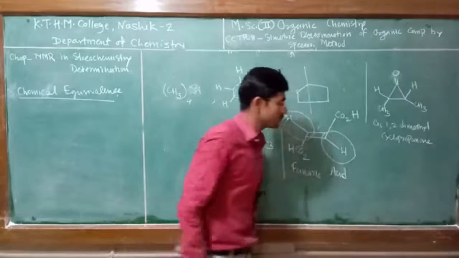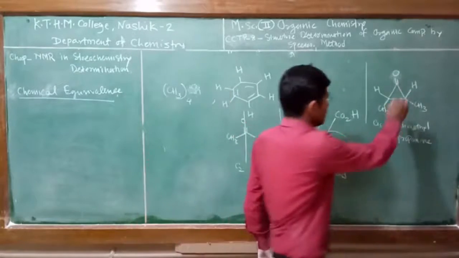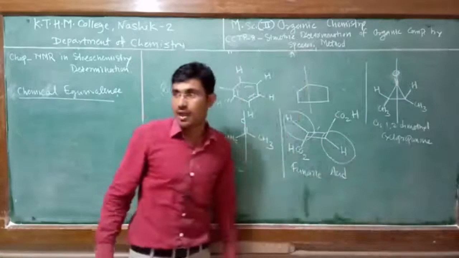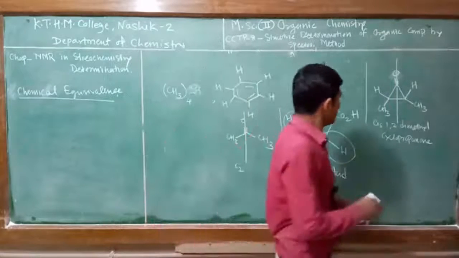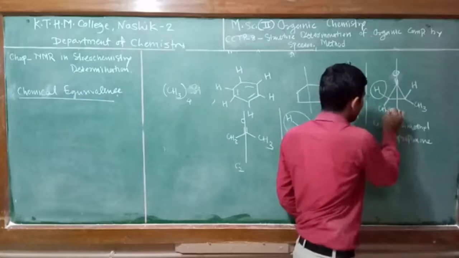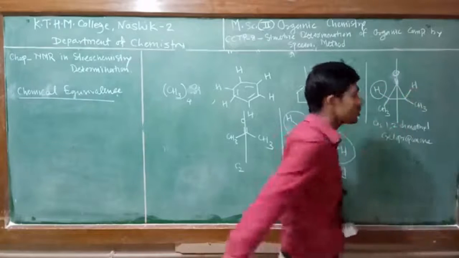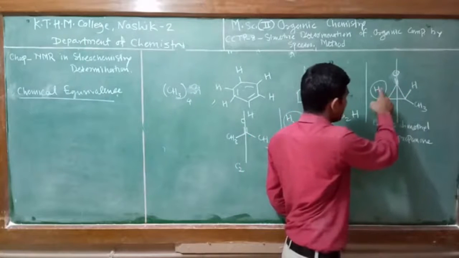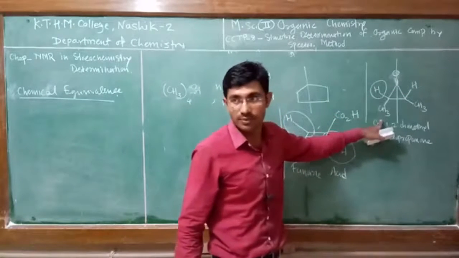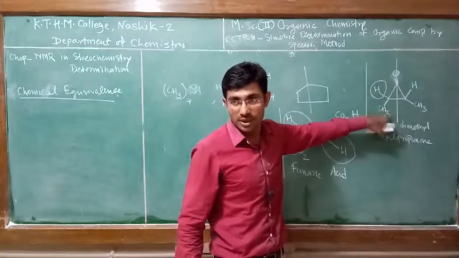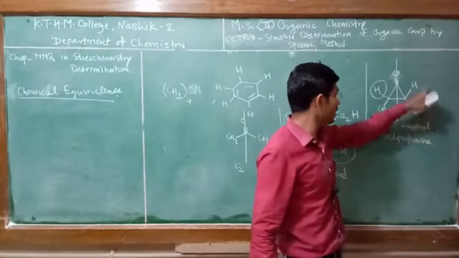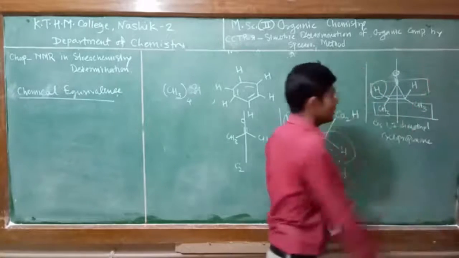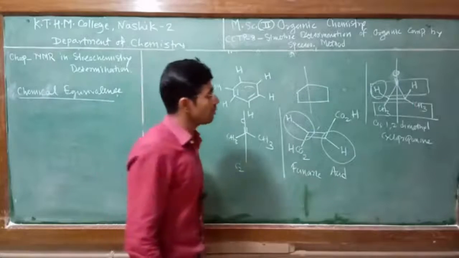In this example, if you observe, a plane of symmetry is present like this, and because of the plane of symmetry, this methyl proton and this proton are not coupled. This hydrogen and this methyl, this hydrogen and this methyl are equivalent, and this is also equivalent here. So they are equivalent because of the plane of symmetry.